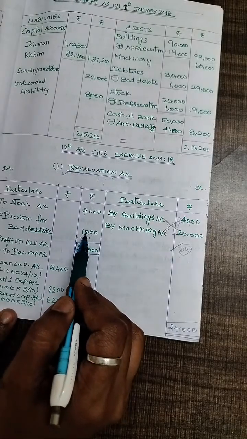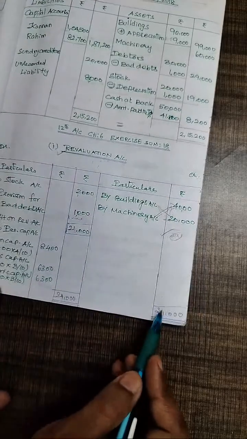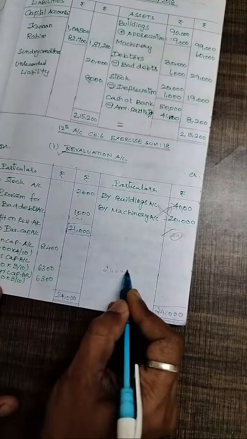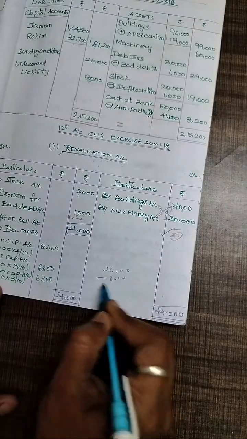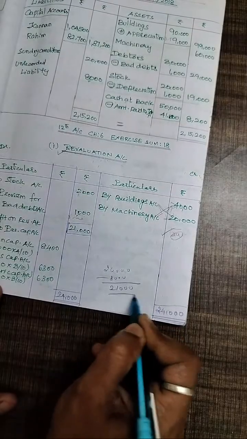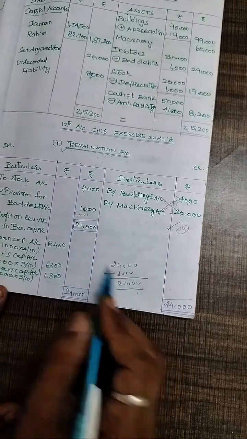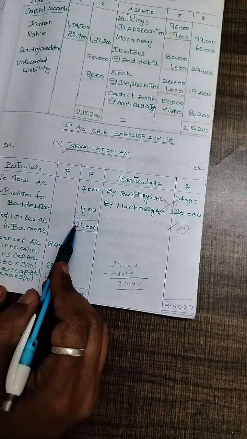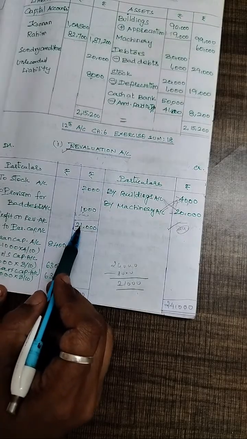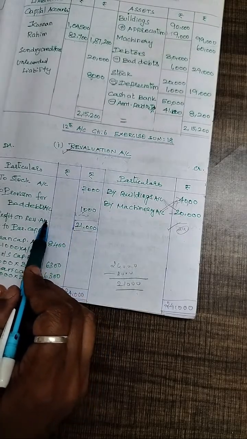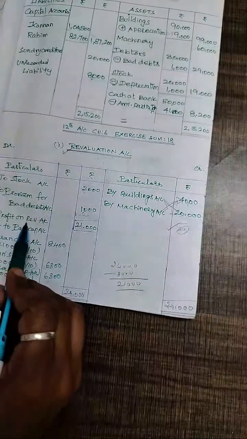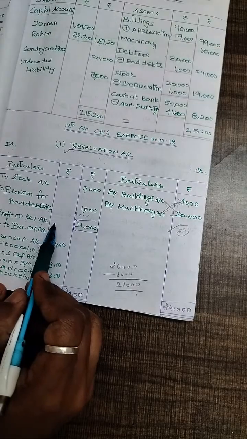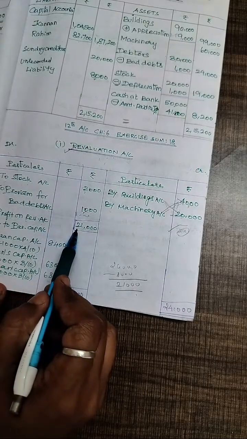Subtract that 3,000 from 24,000, and you get 21,000 rupees. We enter that 21,000 rupees on the debtor side, and write "to profit on revaluation account", 21,000 rupees.